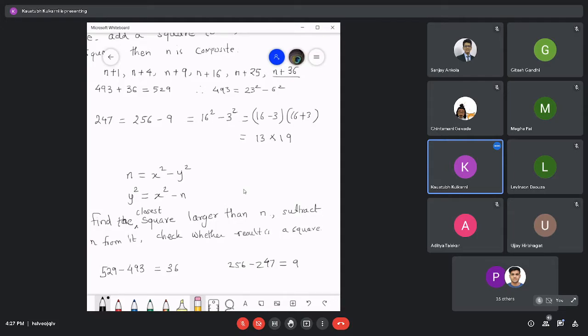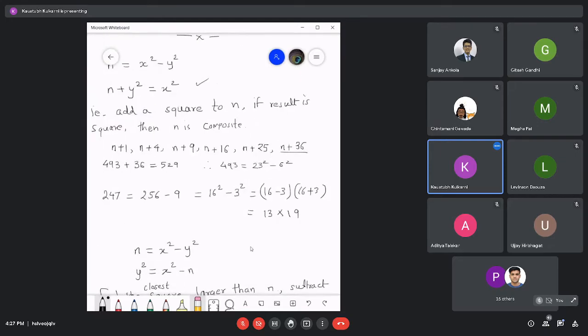It may not be that the closest square will give you the answer. You may have to try one or two more such terms. But this is another way to get the factorization. Basically, you want to find x square and y square, by any way possible.